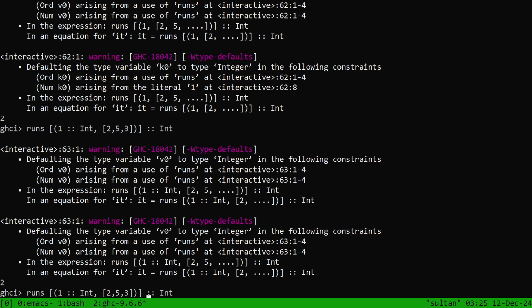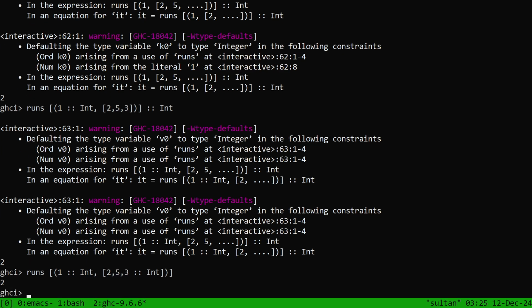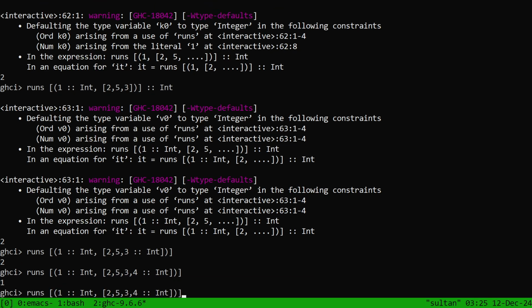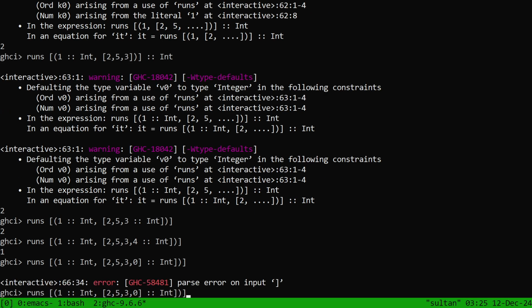Yeah, that seems cool. And if I put 4 in here again, it'll go back to 1. But if instead of putting 4, I put 0, that's 0, 2, 3, 5. That's 3 runs.